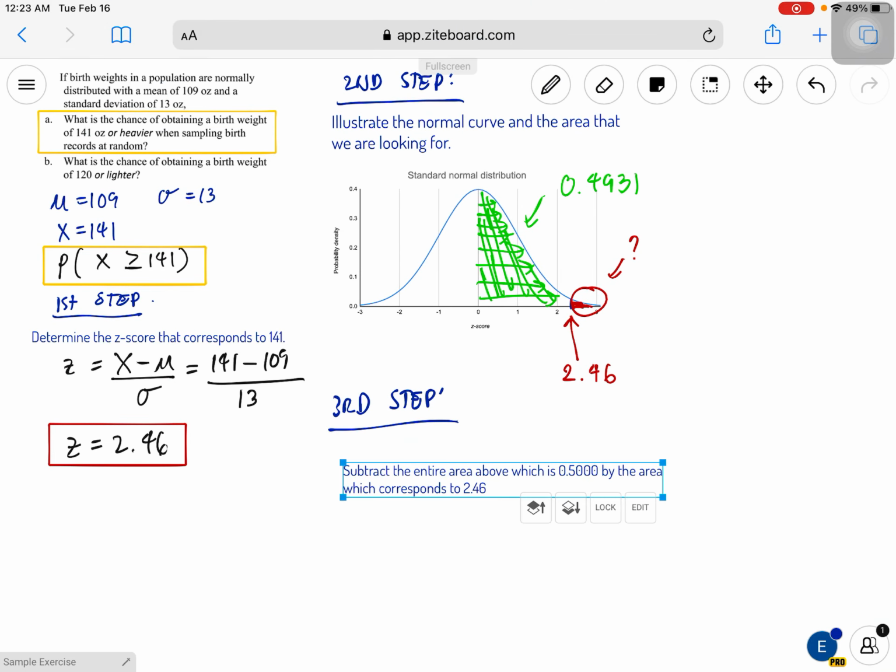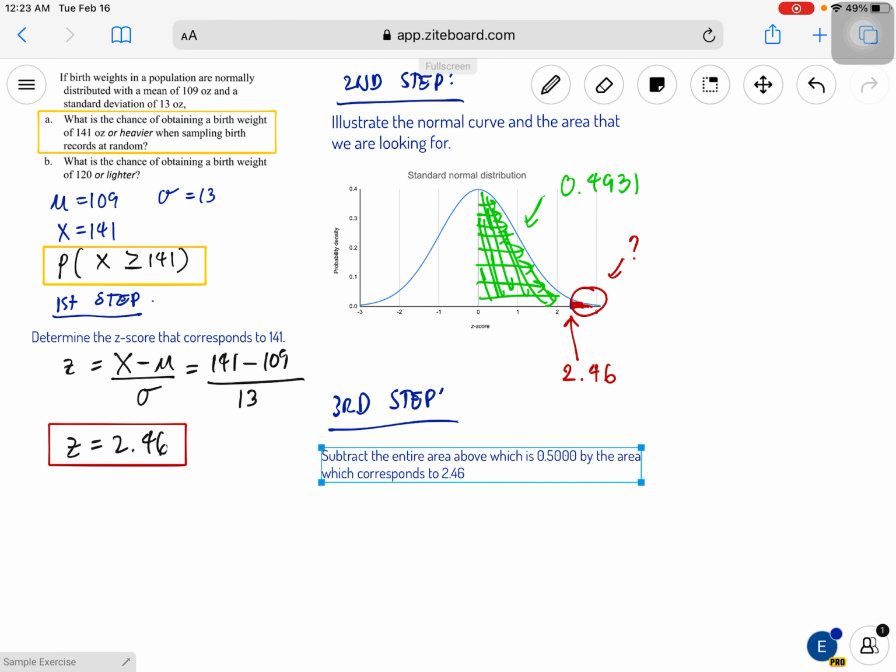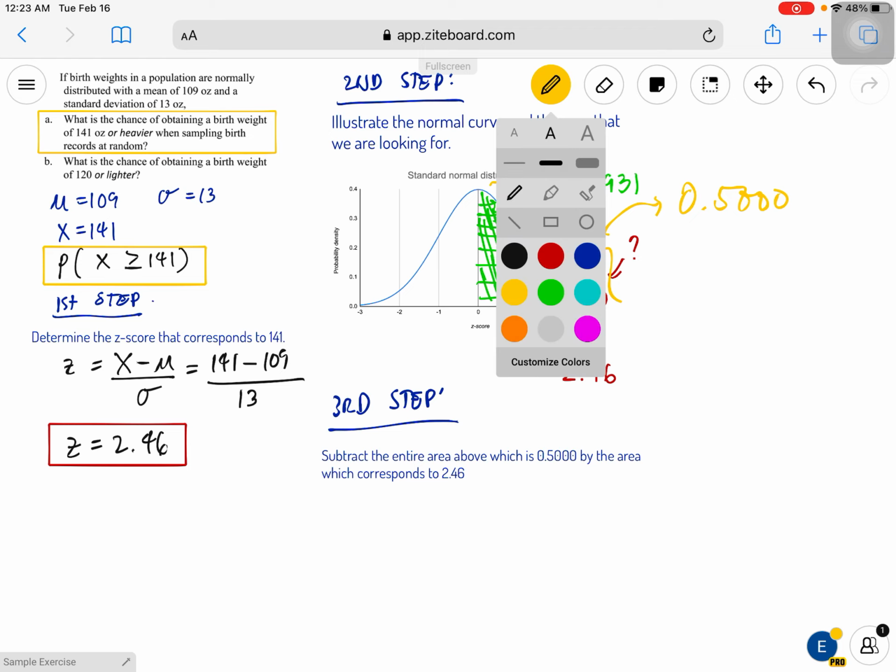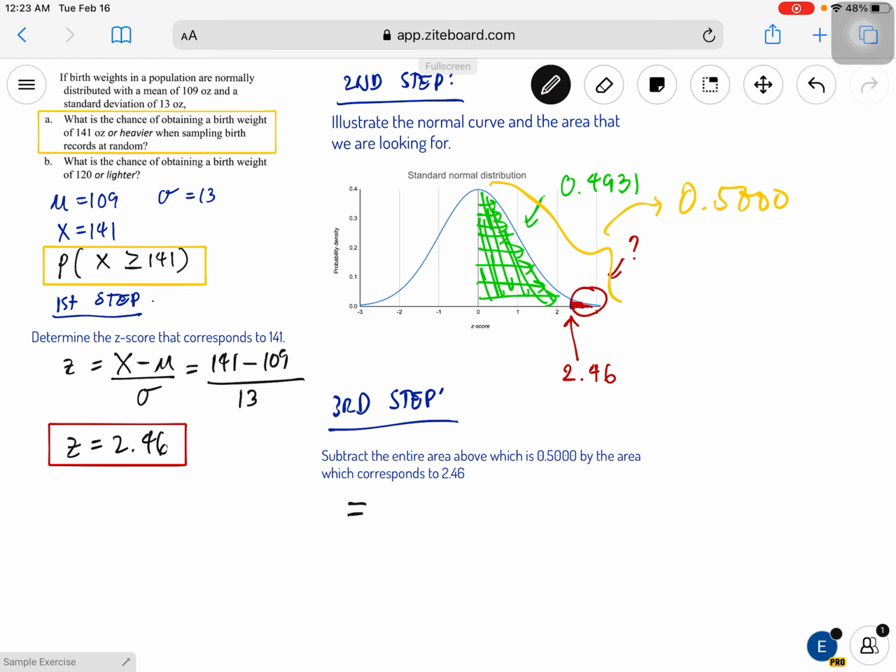Okay, so remember we have the entire area above the mean, this entire area, which is equal to 0.5000, right? So 0.5000 minus 0.4931 to get the missing area, or the area shaded with the red.